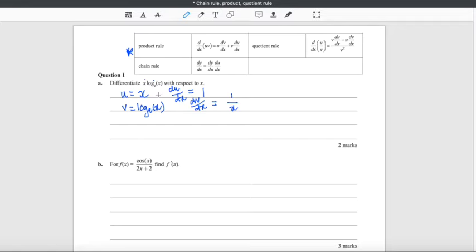So it's u times dv dx, so that times that, plus log e x times 1. So that would give us f dash x, which is our derivative function, is equal to x times 1 on x, well that would just be x over x, plus 1 times log e of x, well that's log e x.